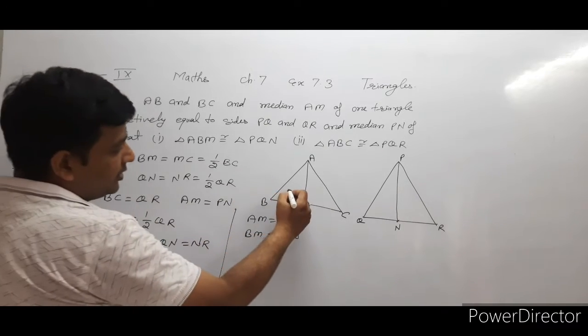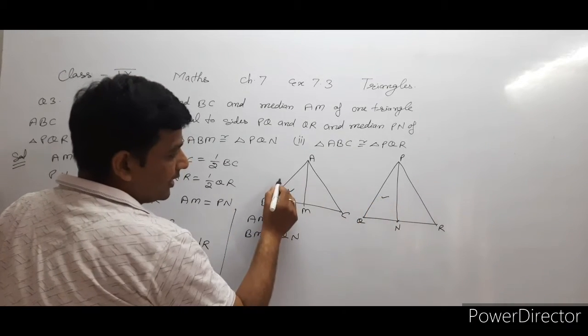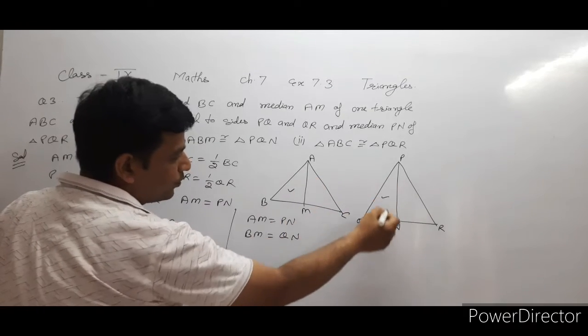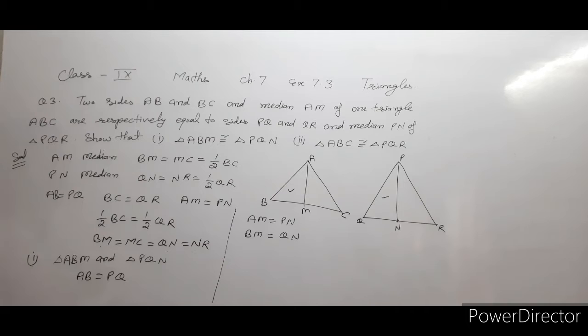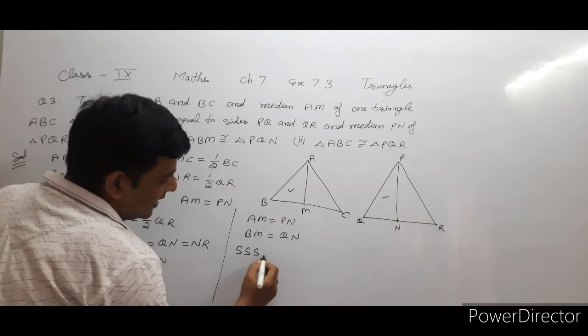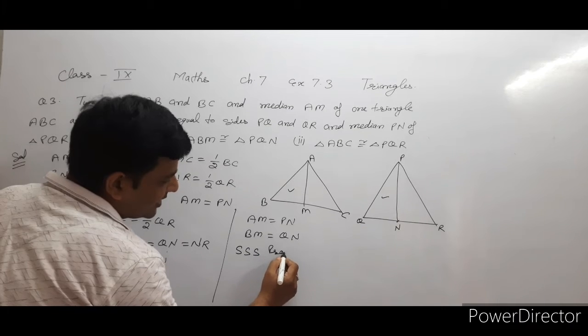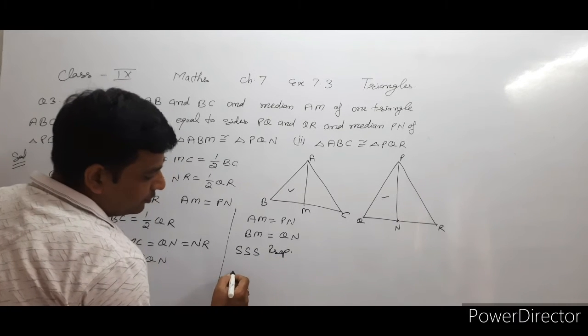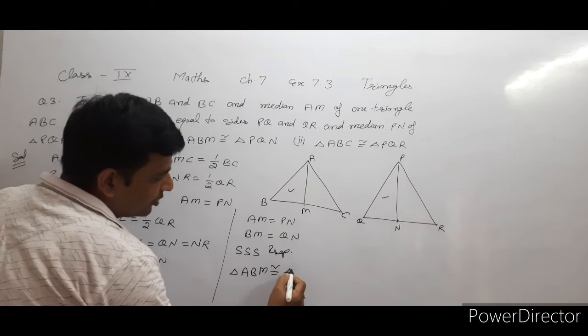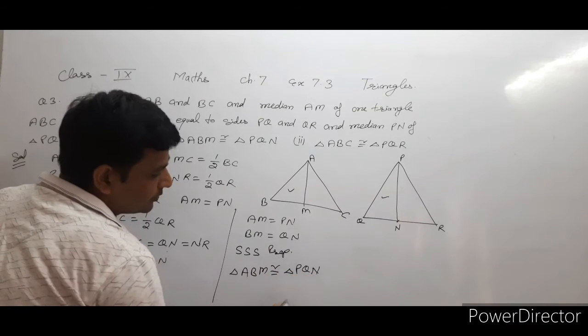If in these two triangles AB is equal to PQ, BM is equal to QN, AM is equal to PN, that means all the three sides are equal. And if all three sides are equal, then by SSS rule of congruency, triangle ABM is congruent to triangle PQN.